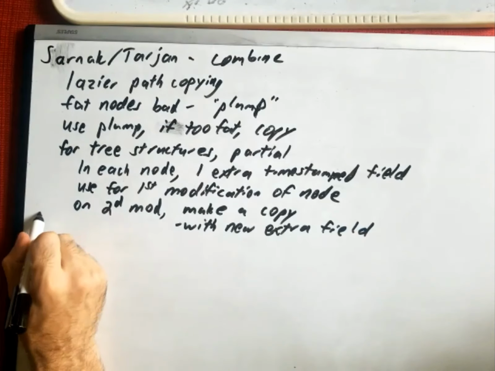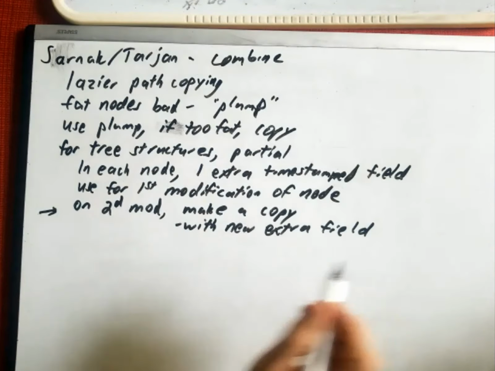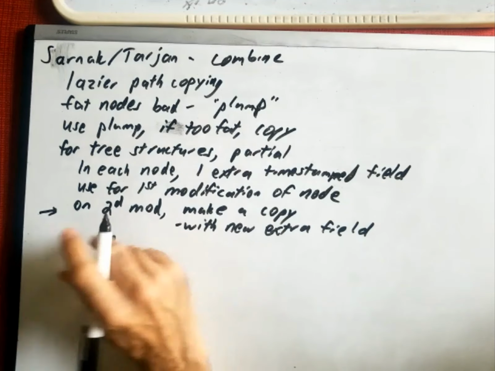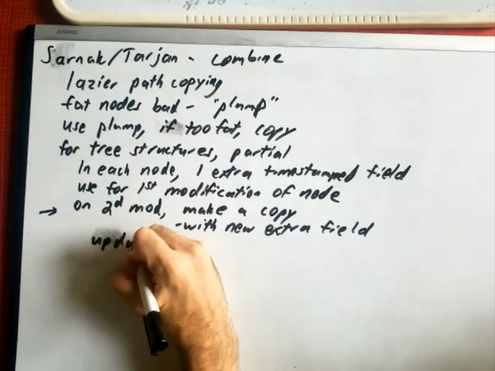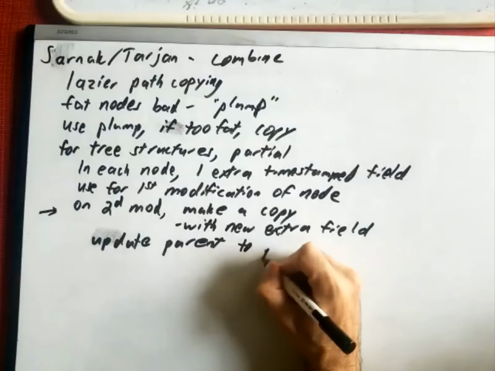So already this should be making you think a little bit about Fibonacci heaps, right? The mark bit. Do something special, do something the first time there's a change, but after that, do something different. Now, of course, if we do make a copy, we're going to have to update the parent of the copied node to point to the new copy.